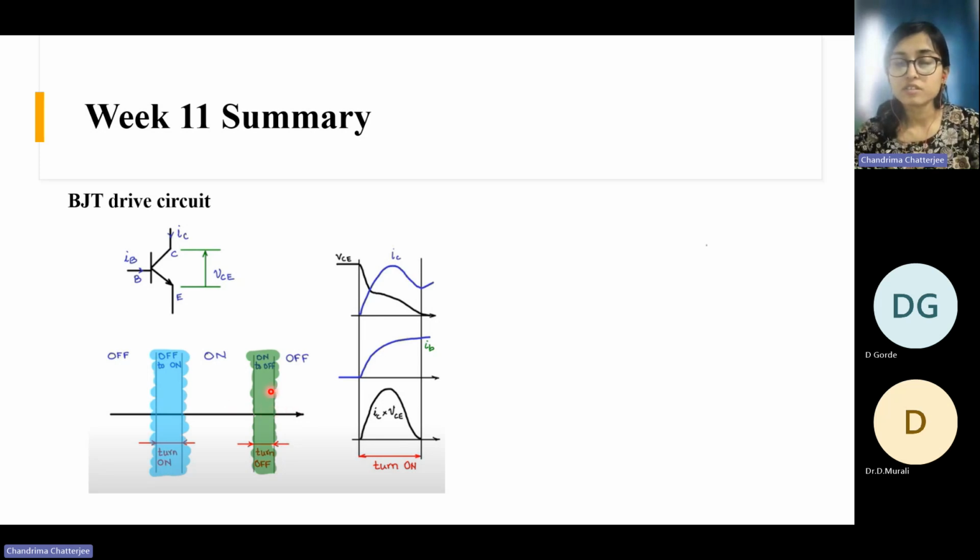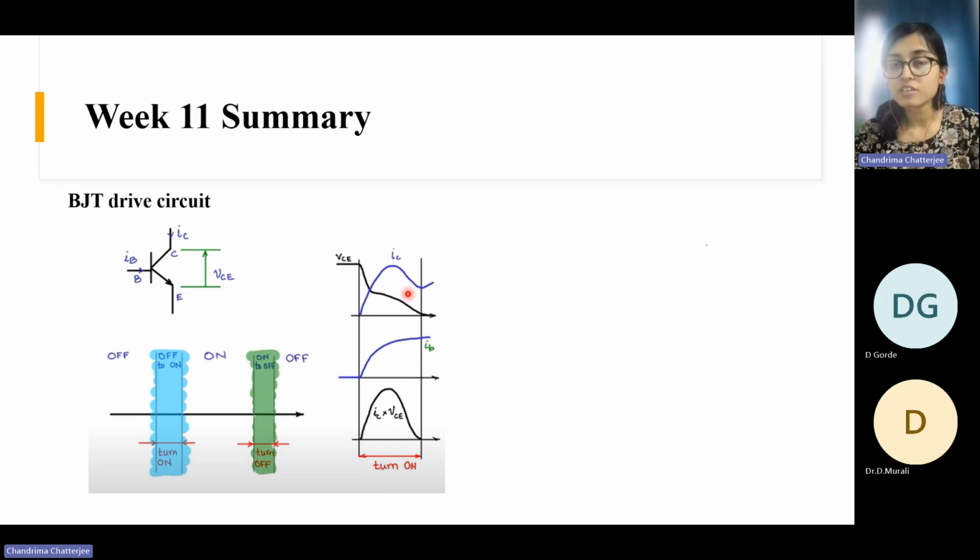Now, the BJT was off, and now it needs to turn on, so obviously we will have to provide the base current. In this transition, what will be the waveforms of the voltage across BJT, the current through BJT, and the base current?